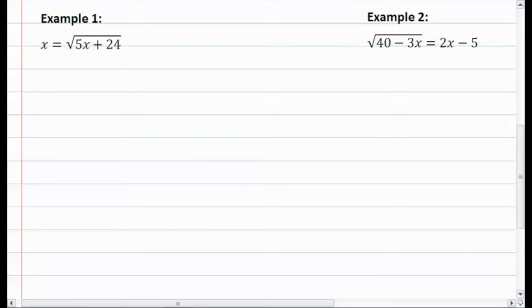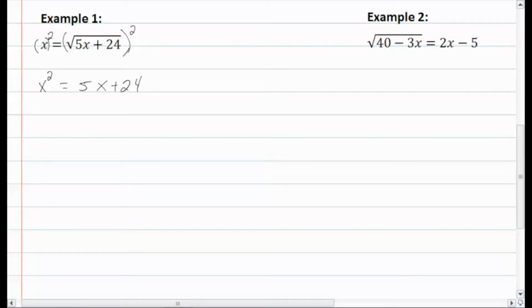So in our first example here, we have a square root. So we want to raise it to that power, which means that this is going to be x squared, and we square our square root. That will give us x squared equal to, when we have the same index as power, just what's left inside.